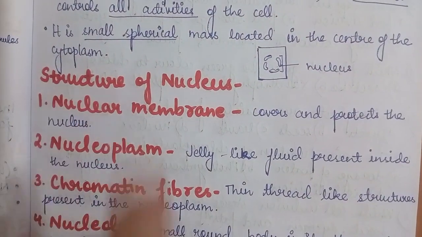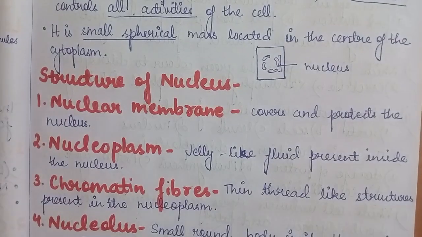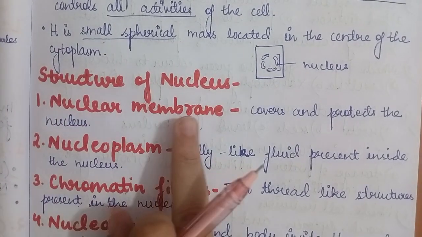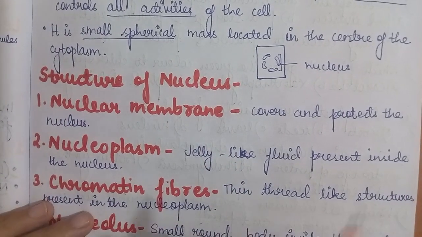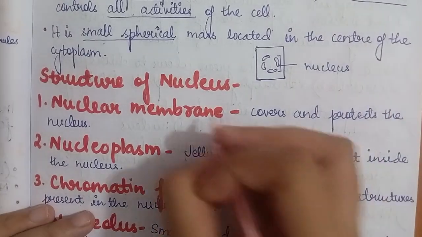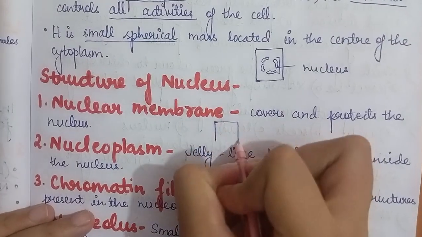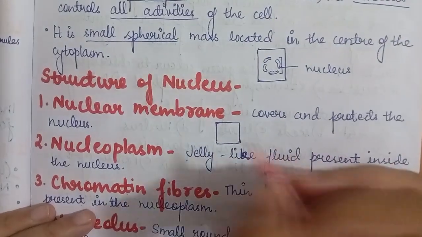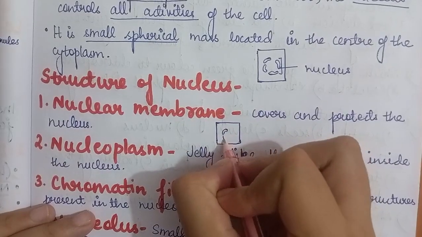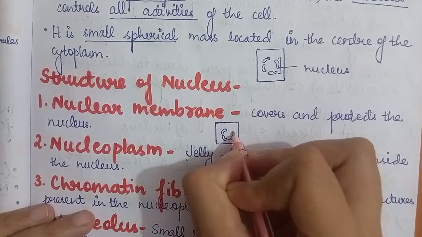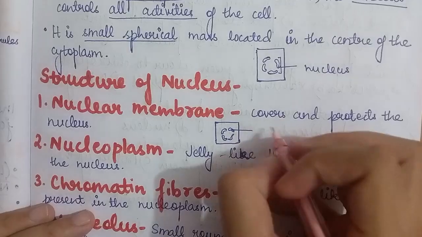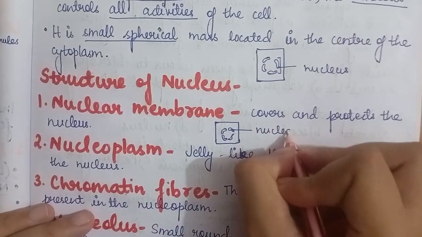Now let's study the different structures of a nucleus. The first structure is the nuclear membrane. Let's draw. This is our cell. This is our nuclear membrane.